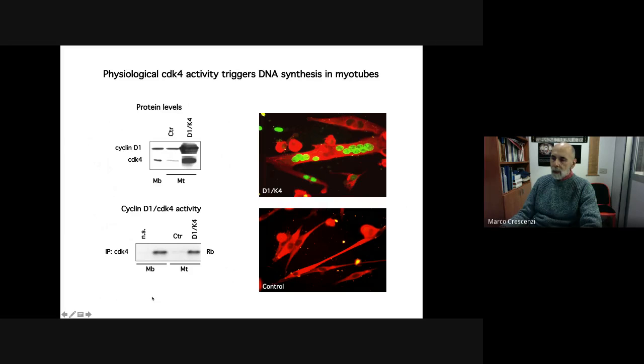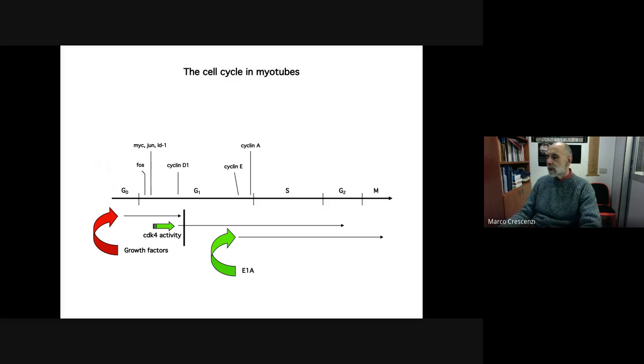So, going back to our schematic, it showed that this wall here, this obstacle that prevented progression of the cell cycle beyond G1, was just the lack of CDK4 activity. When we reconstituted physiological amounts of CDK4 activity, then the cell cycle was allowed to progress.